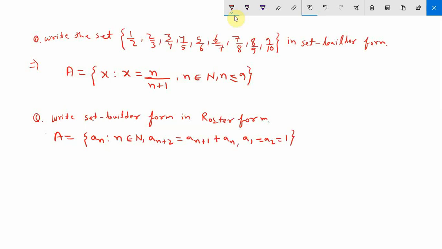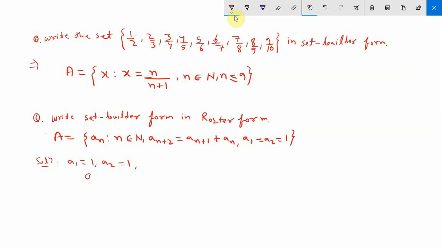Okay, so a1 and a2 are given. If we see how we can proceed here, a1 is given as 1, a2 is given as 1. So a_(n+2) equals a_(n+1) plus a_n.